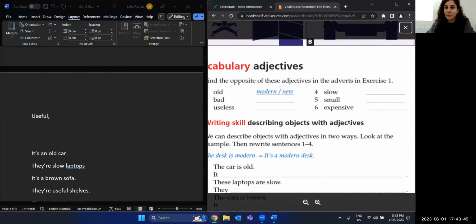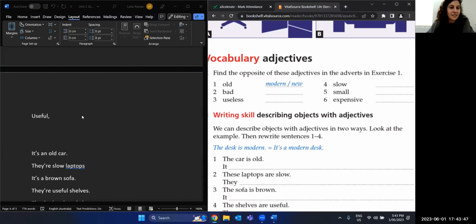Slow. Fast. What else could we say? It's fast. It's quick. It depends what we're talking about, but quick. Fast, quick. If it's a car, speedy.